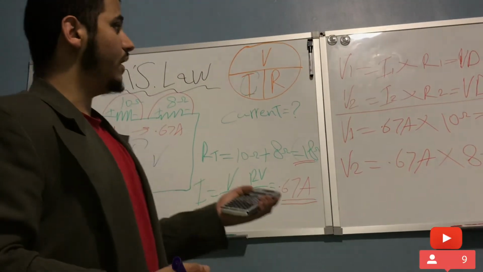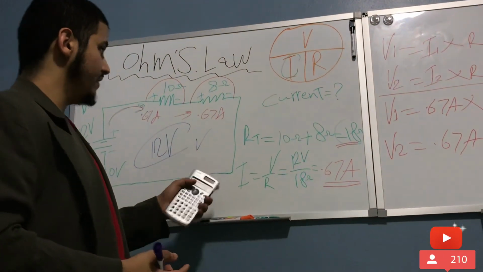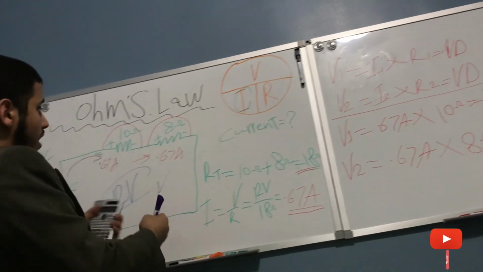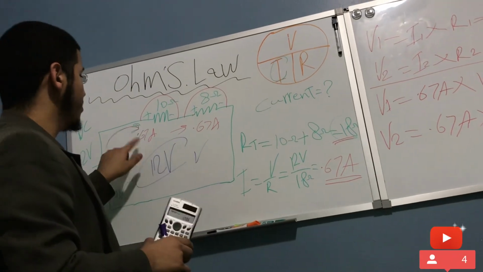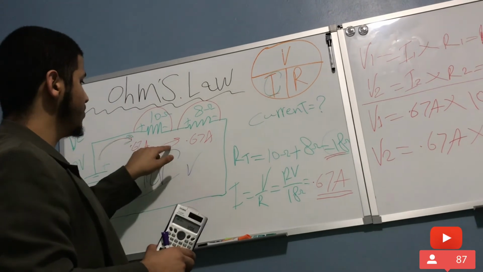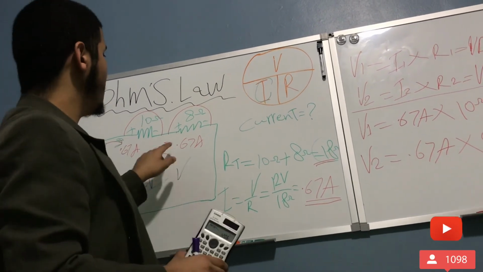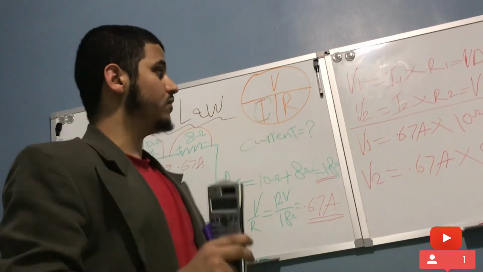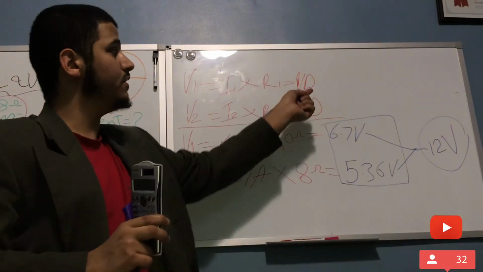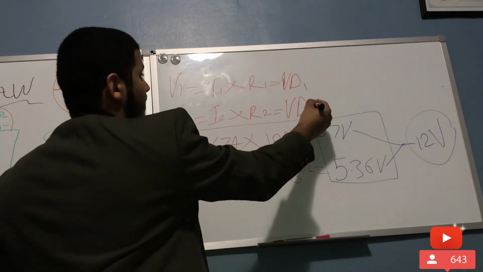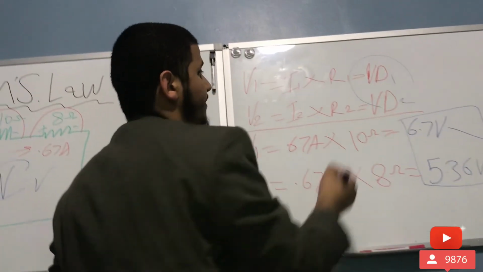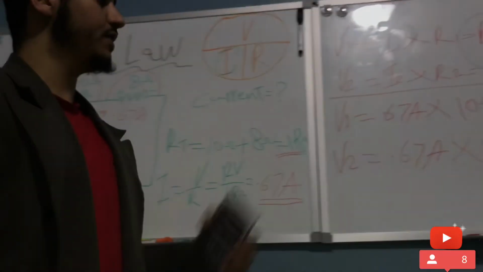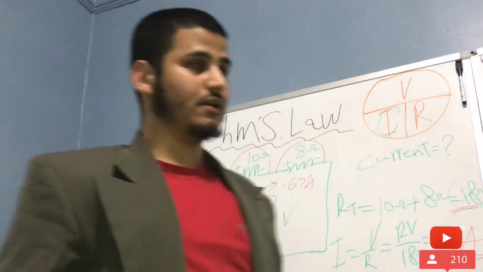Now I put the circuit in here, with some resistors and a power source, and I showed you how much current and how many amps go through these two resistors, and how much voltage drop, which is very important to find: VD1 and VD2. VD1, VD2 is right here. I proved it, and hopefully you understand this method.